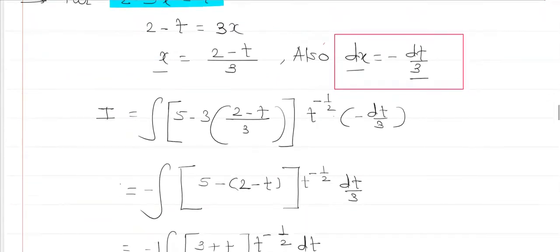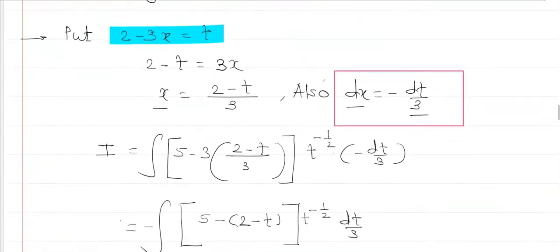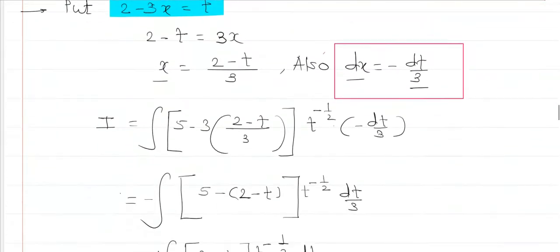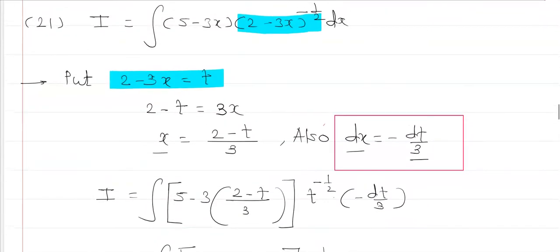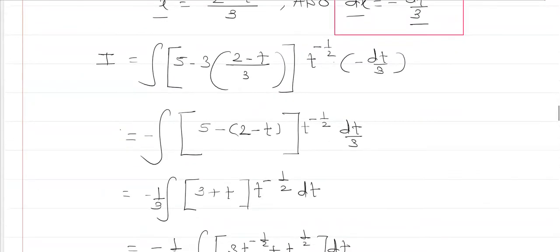Therefore 5u minus 3x, that is integral 5u minus 3 in bracket 2 minus t upon 3 bracket complete, t raised to minus 1 upon 2 minus dt upon 3. Here the minus sign is here.